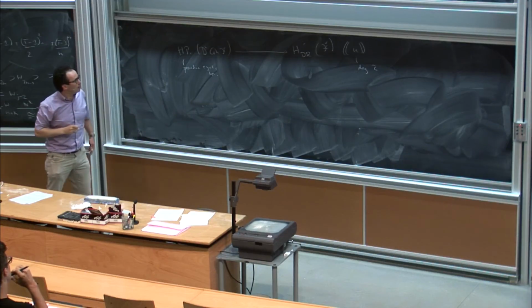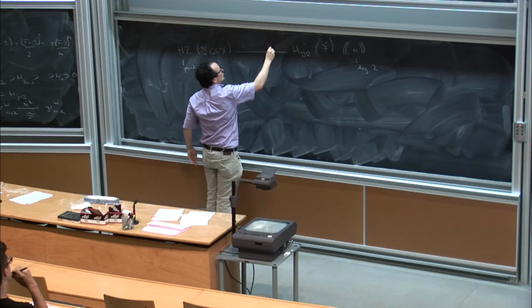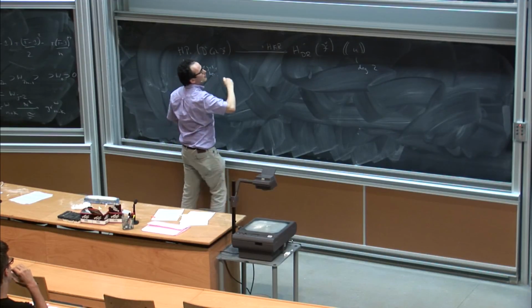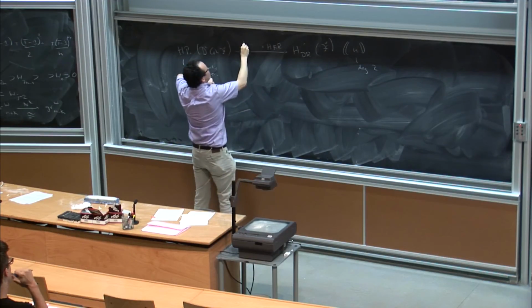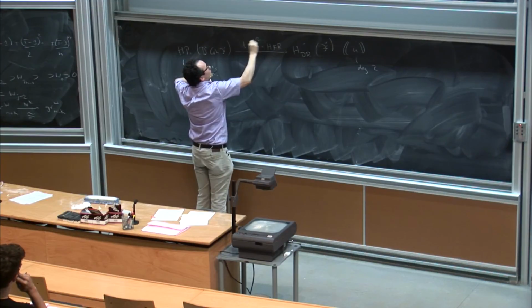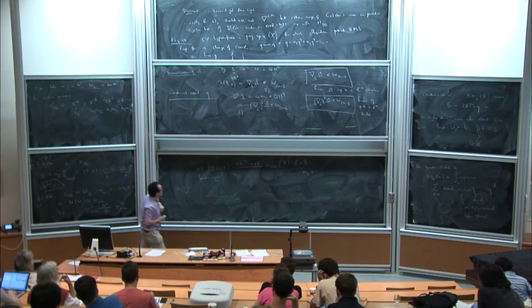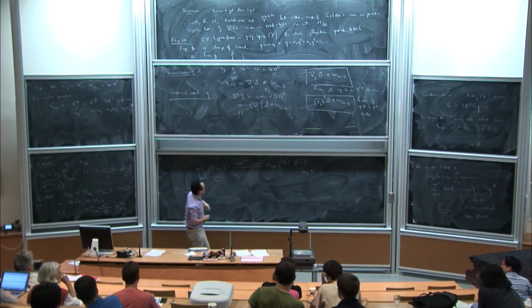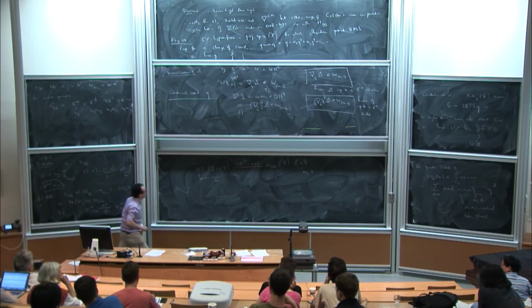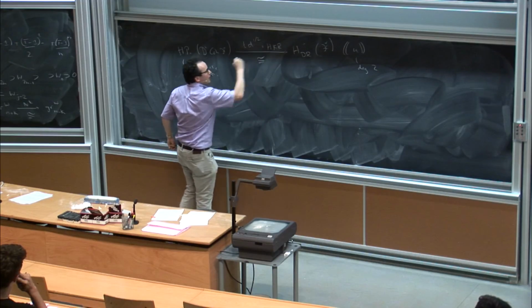There's a known isomorphism, which is some version of the Hochschild-Kostant-Rosenberg map, composed with an automorphism of this that involves taking the wedge product with a square root of the Todd class of your manifold. So that's an isomorphism.